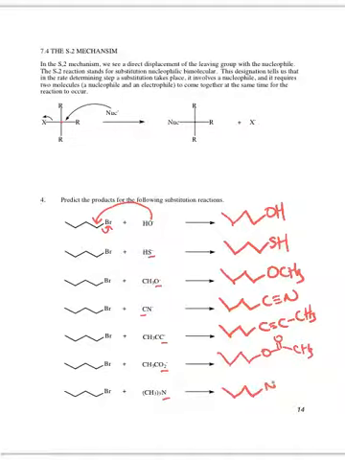And nitrogen is a really good nucleophile, so the neutral nitrogen can act as a nucleophile displacing the bromide to give us the quaternary ammonium salt.